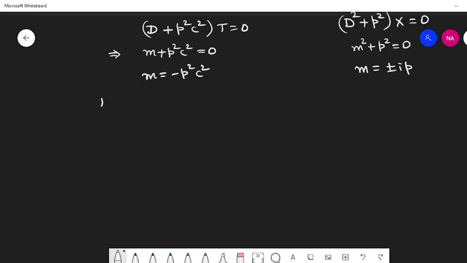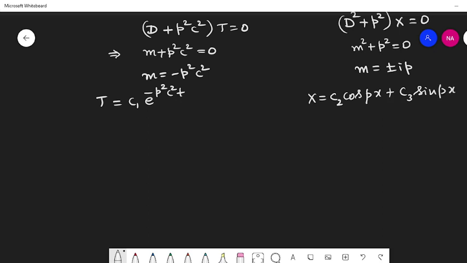So here the solution is capital T equal to C1 e power minus p square c square t, and here capital X equal to, since the real part is 0, e power 0 into x, that is 1, times (C2 cos px plus C3 sin px).